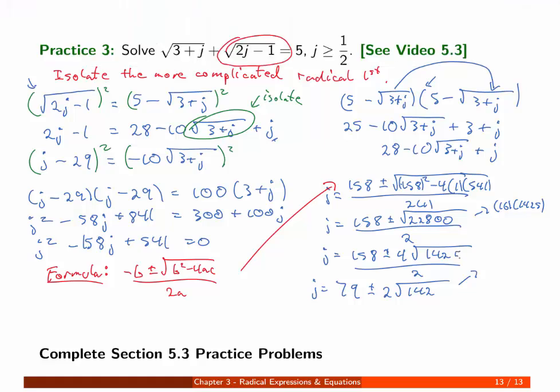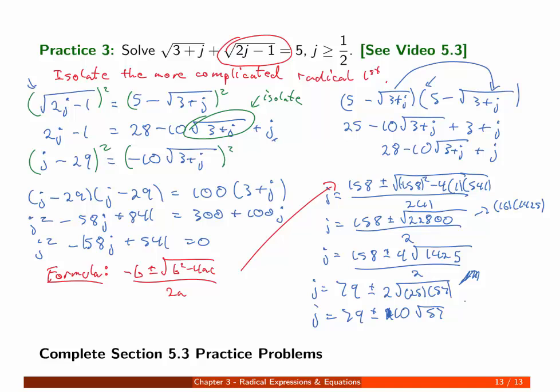That's a 5, which will allow us to rewrite. We can pull out a 25. Anytime you see a 25 at the end, you should be able to pull out a 25, which will give you basically 25 times 57 here. So j equals 79 plus or minus 2 times, actually we'll have 10 out front because we're going to take out a 5, root 57. And there we have it.